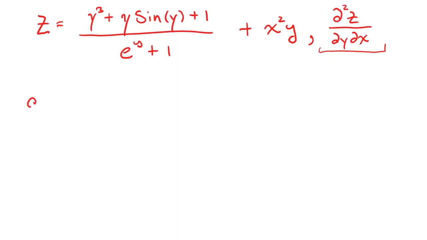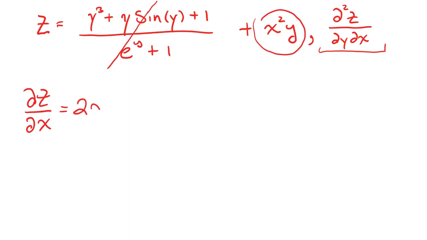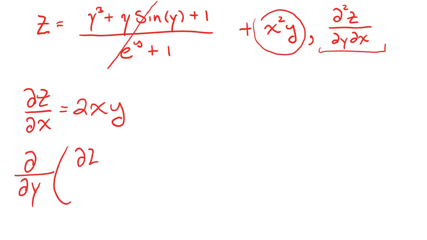So we will find first partial z partial x, and what this will equal is, well, this big term right here will just cancel out, and we will take the derivative of this, and that will equal, well, that'll be 2xy. And now if we take the partial derivative with respect to y of partial z partial x, then that will just equal 2x.